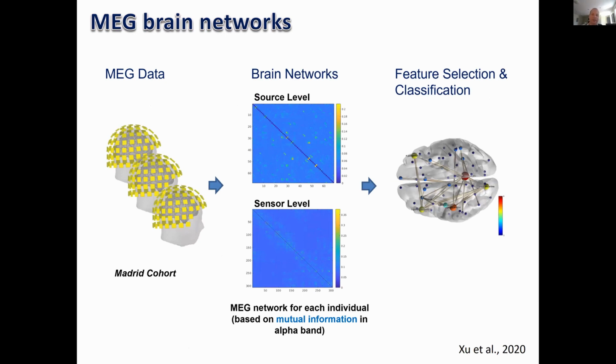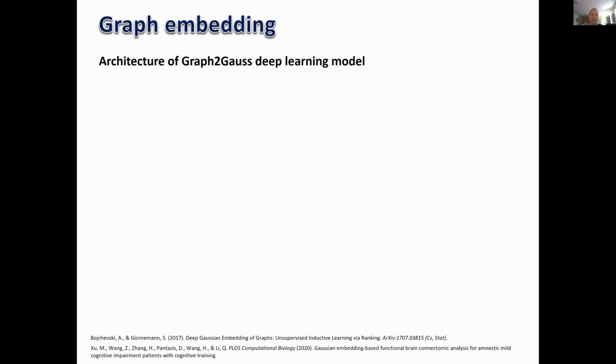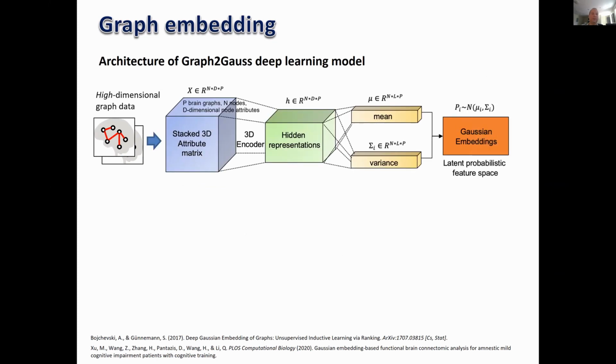But these are complex high-dimensional data, and our aim was to find better representations to see whether different patients and controls can be classified. So we expanded the architecture of graph deep learning by providing multiple graphs, and then this model included an encoder which had a few fully connected layers, yielding eventually representations of the mean and variance of brain nodes.